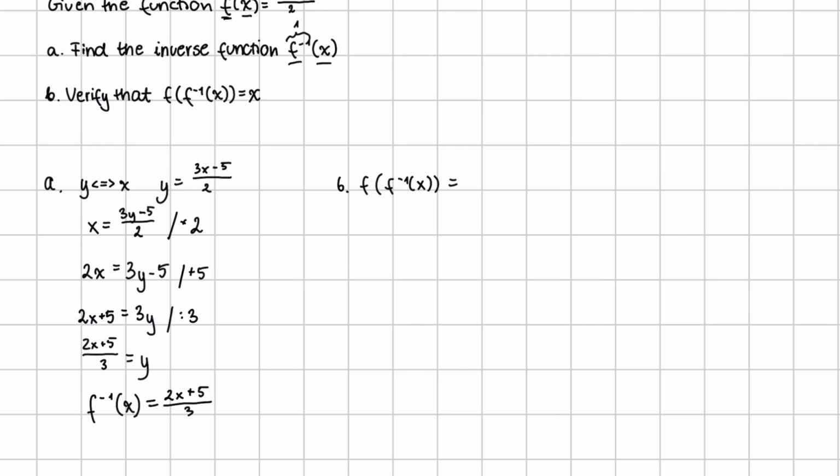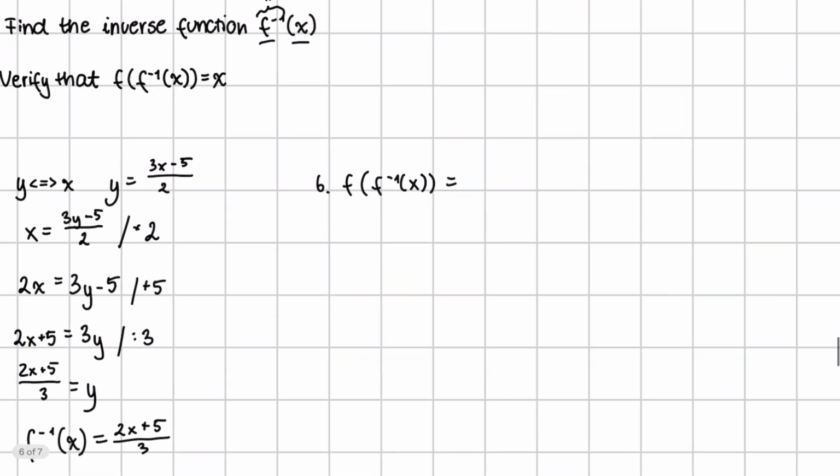In B, we have to verify that f of our inverse function of x equals x. So this is our inverse function, and we can simply substitute what we found in here. So f, and here we have 2x plus 5 over 3, and this works as x.